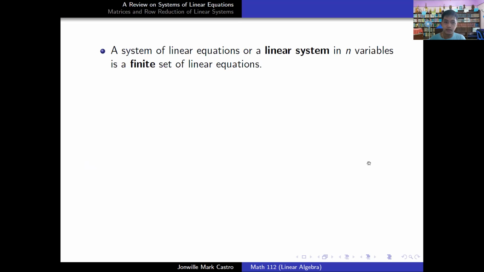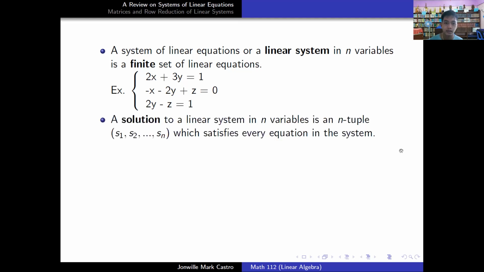A system of linear equations or a linear system in n variables is a finite set of linear equations. For example, we have a linear system here of three variables, and we have a finite set of linear equations. We have three linear equations here.